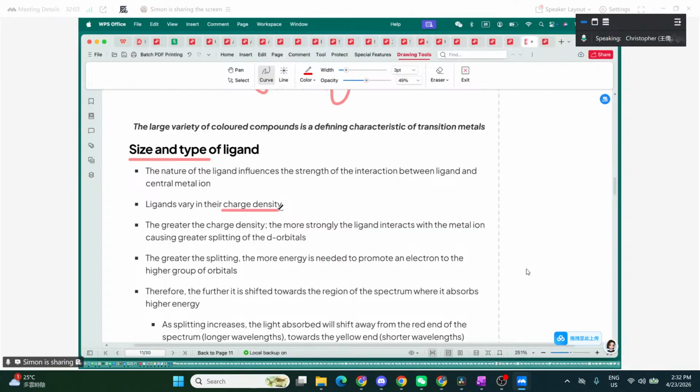The charge density is the charge over size. Actually, for the ligands varying in their charge density.